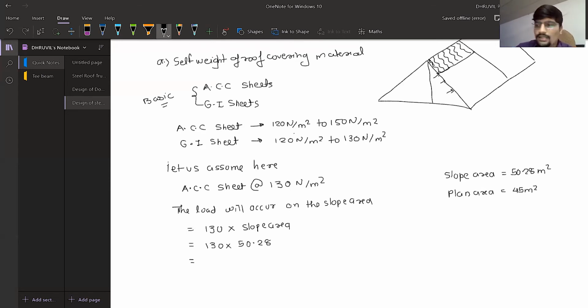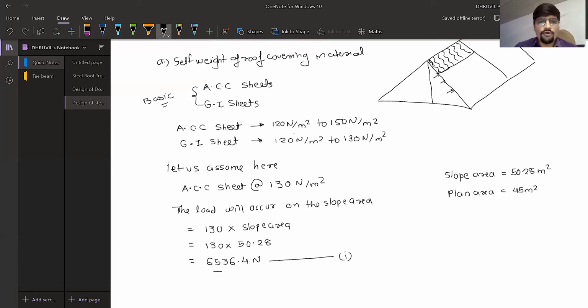So we will get the answer in Newton. 130 into 50.28, so the answer is 6536.4 Newton. This is our first.